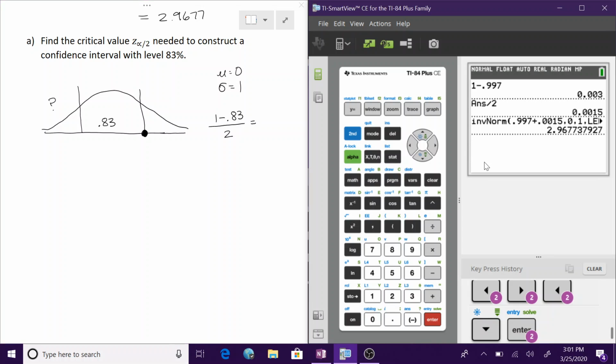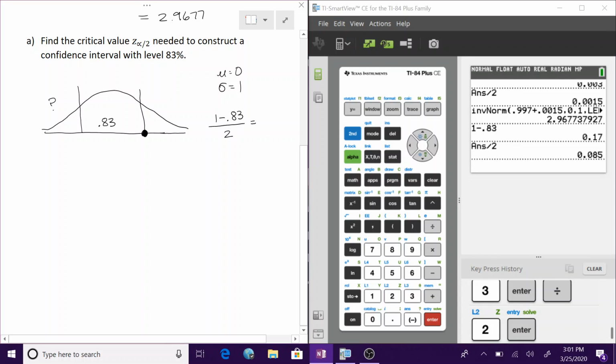Alright, so over on our calculator, we're going to do 1 minus 0.83. And then we're going to divide that by 2 to get 0.085. So this question mark area over here is going to be 0.085.